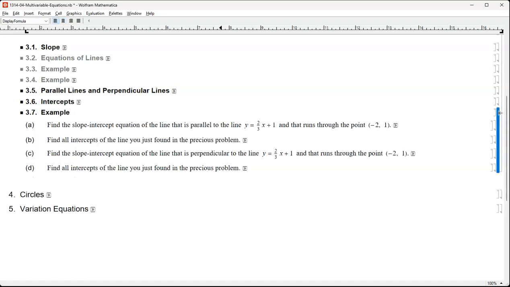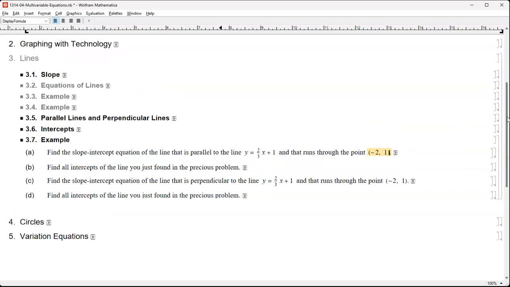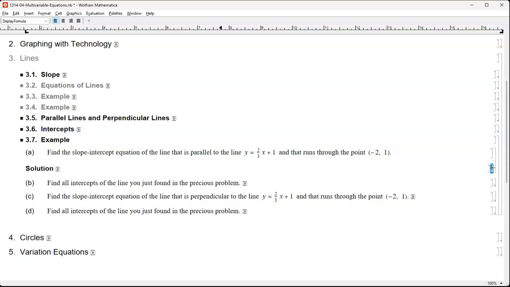Let's see, do we have an example problem here? Find the slope-intercept equation of the line that is parallel to this line and then runs through this. Okay, slope is 2/3, and then running through -2 comma 1, and we know the slope point equation. You can easily do it.